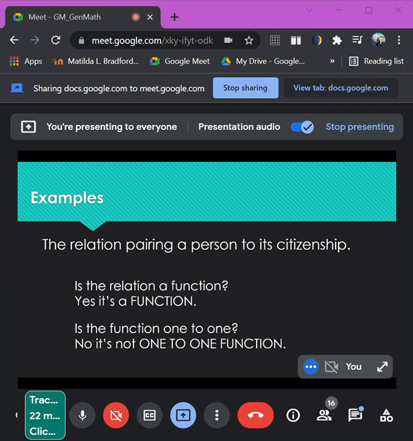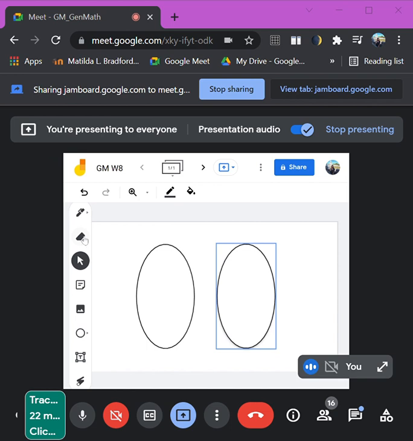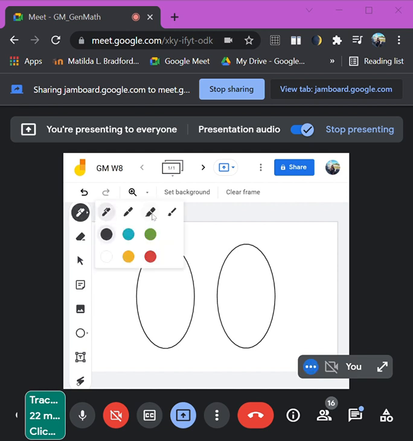Okay, so let me share my Jamboard to you. So this one is a diagram. So for example, maghatag ko given diri nga negative 2, 4, and then 8. And then on the other side, we have 0, 5, and then 12.